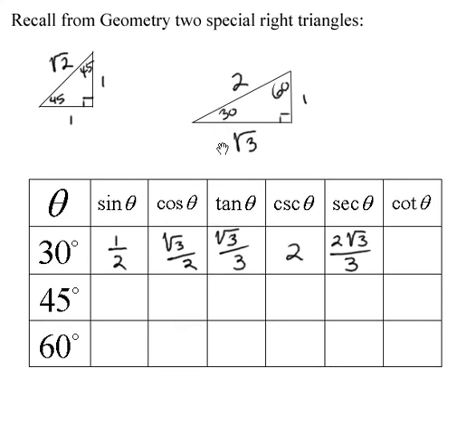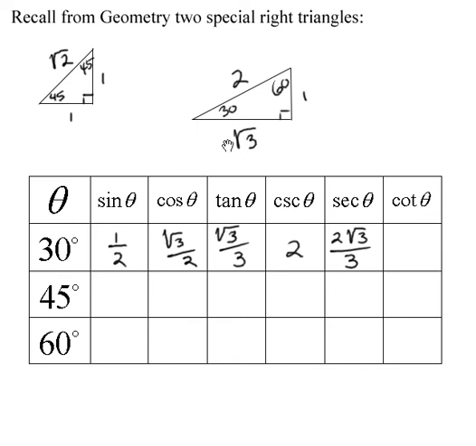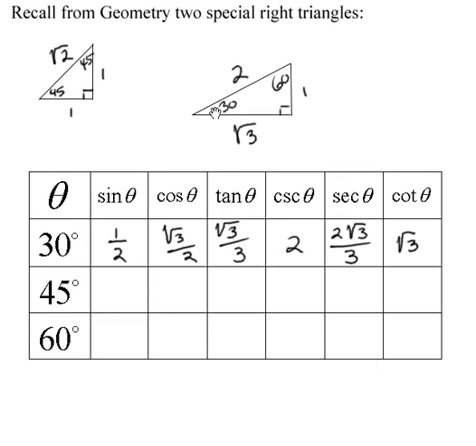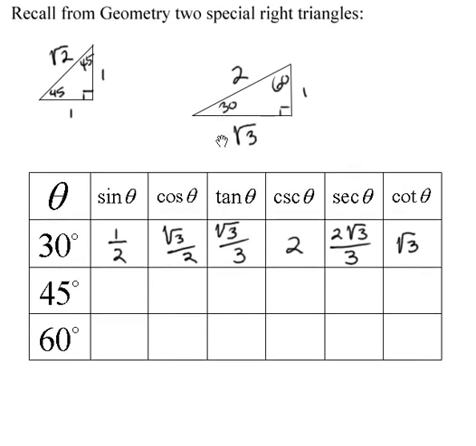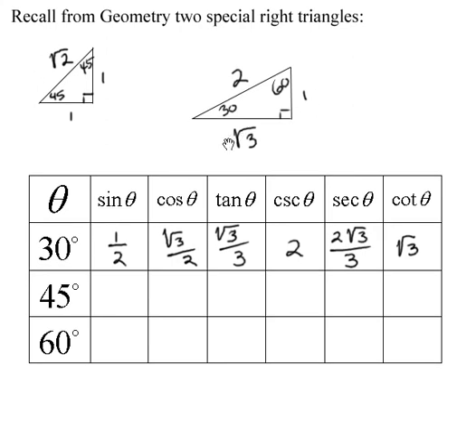Secant is hypotenuse over adjacent. 2 over the square root of 3 when put in simplest radical form is 2 square roots of 3 over 3, since we can't leave a radical in our denominator. Cotangent being the reciprocal of tangent, so standing at 30's point of view, cotangent is the old AO, adjacent over opposite, so that's the square root of 3 over 1.